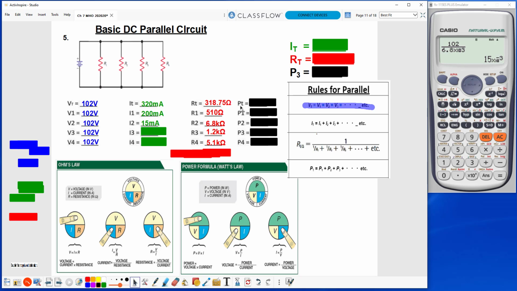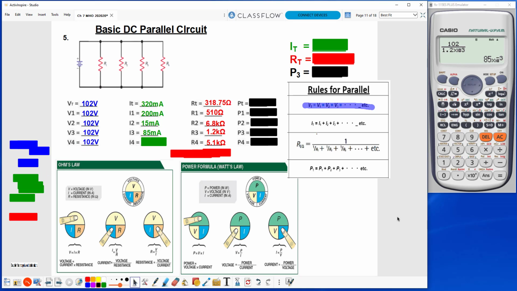All right, next I'm looking for I3, so it's going to be V3 divided by R3. So I take the 102, which is already in there, and I take the bottom number and I turn it to 1.2 K ohms. I hit equals, I hit engineering, and I've got 85 milliamps.